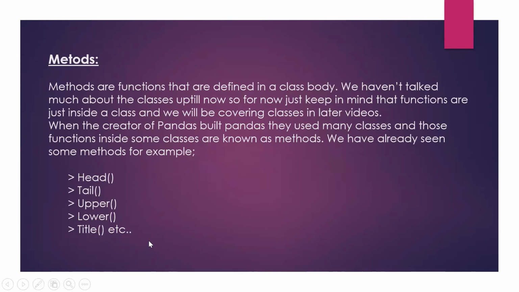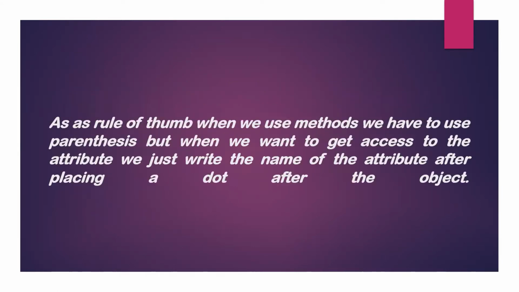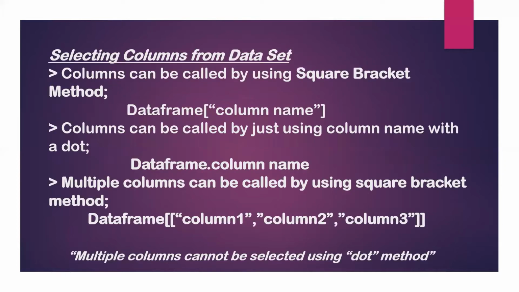We saw their examples, and after that, we established a rule of thumb: when we use a method, we have to use parentheses after the method, and when we access an attribute of a data set or a data frame, we don't have to use parentheses after the name of the attribute. So this was the rule of thumb. And after that, we discussed how we can select specific columns of our data set or data frame.